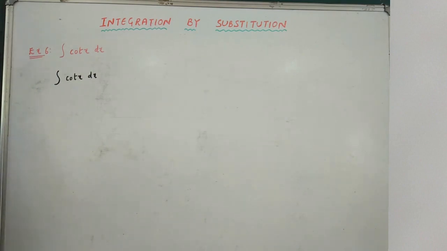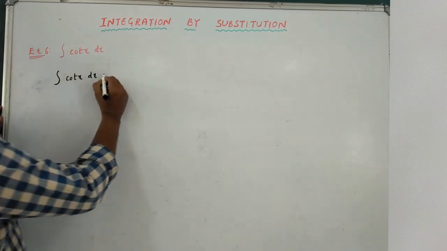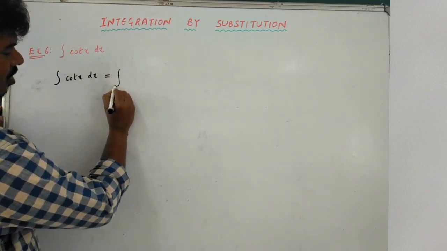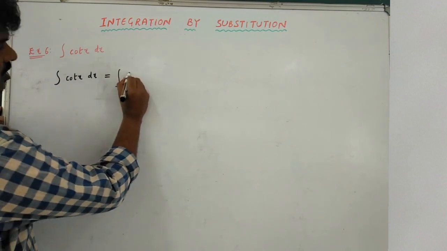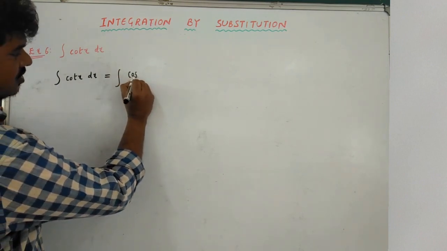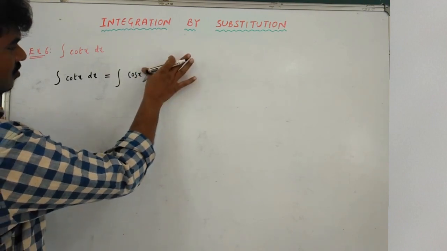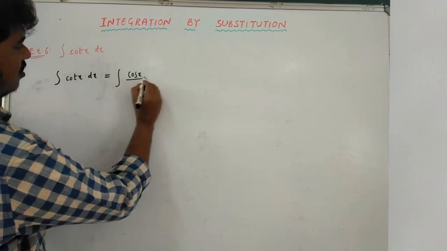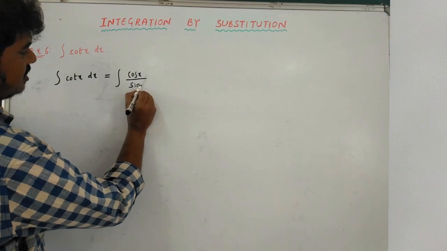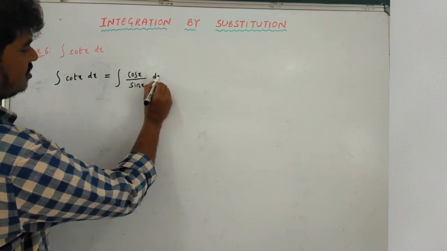Next, what is the integral of cot x dx? I am going to write it as the integral of cot x, which means cos x by sin x, cos x divided by sin x dx.